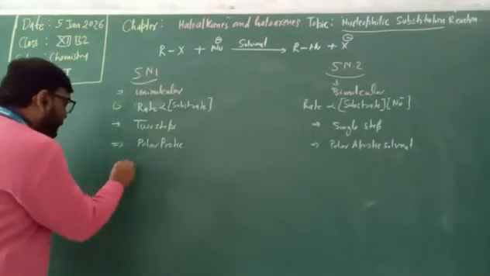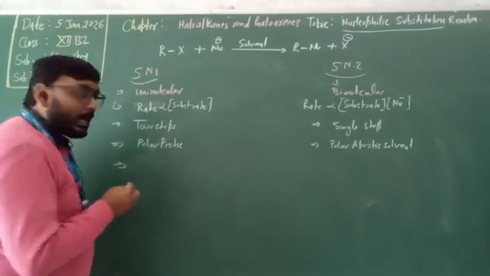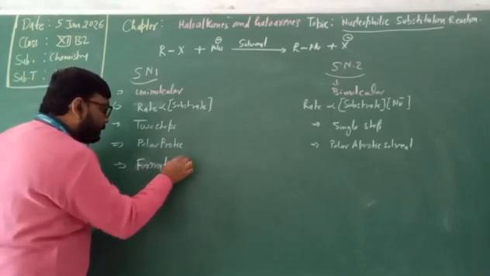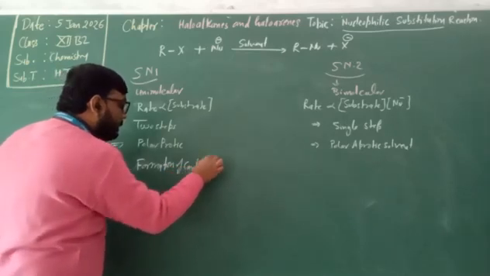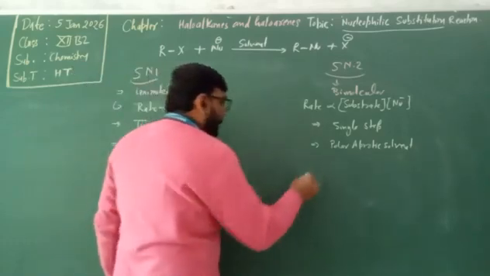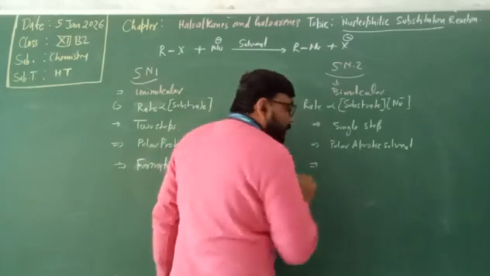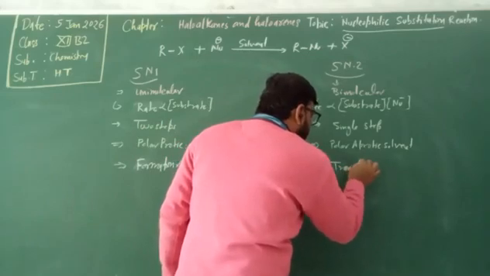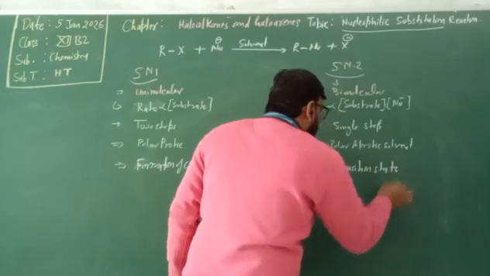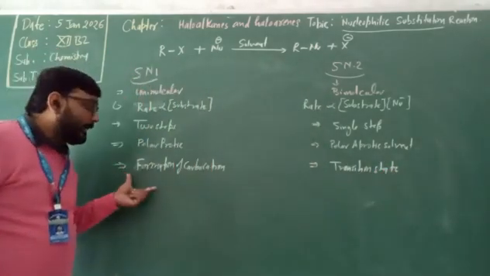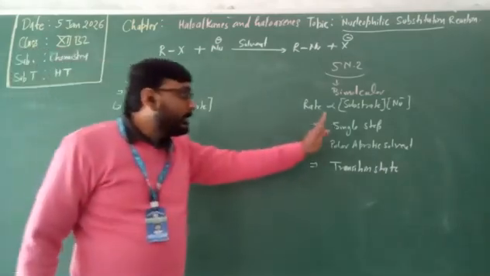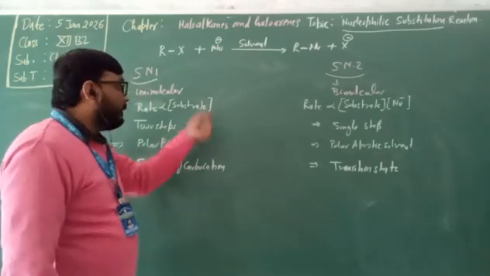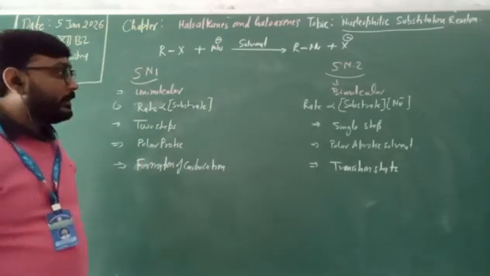In SN1 there is the formation of a carbocation, and in SN2 there is no formation of carbocation, just the formation of a transition state. So we recap these points, and on the basis of them we are going to solve some problems.